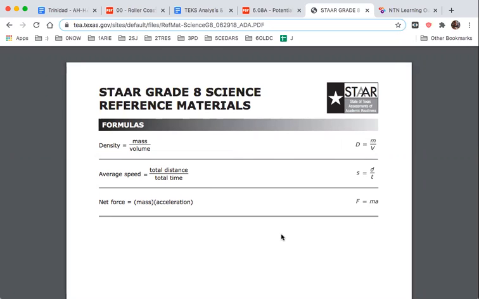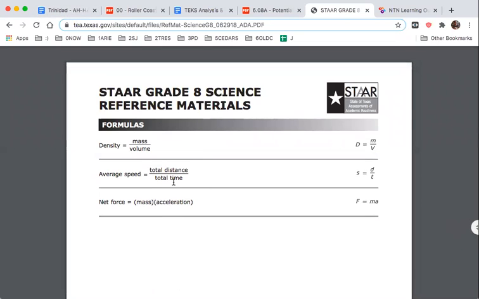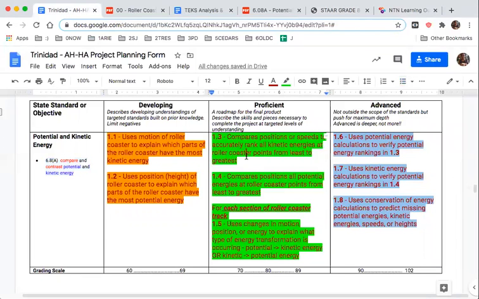So I knew that if I were going to write the proficient standards for that standard, it wouldn't be from an equation standpoint, it would be more of a qualitative standpoint. The way I wrote that for the roller coaster is that to reach this target level, they should be able to use positions or speeds to rank all the kinetic energies at the different parts of the roller coaster from least to greatest.